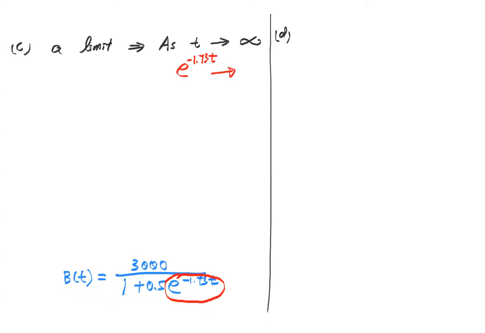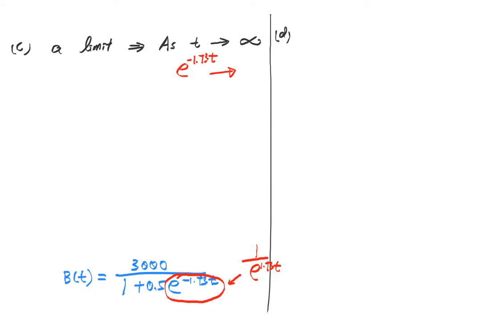Approaches? Every time e to the power of negative, you should think of it as 1 over e to the power 1.73t. Am I right? Got it? So 1 divided by a very, very big number. What happened? Very, very small.